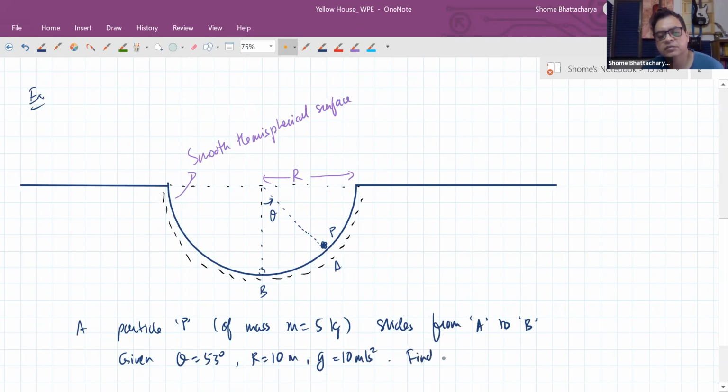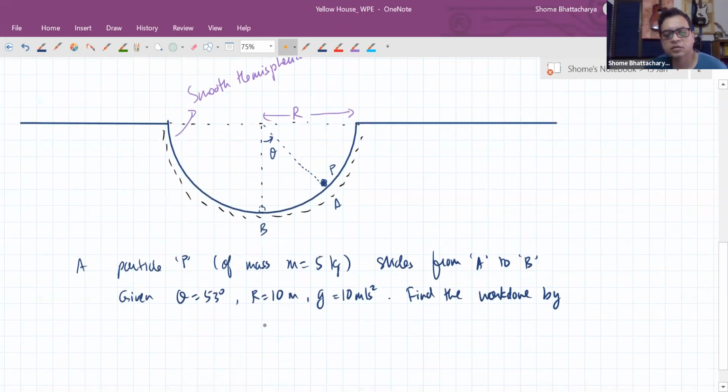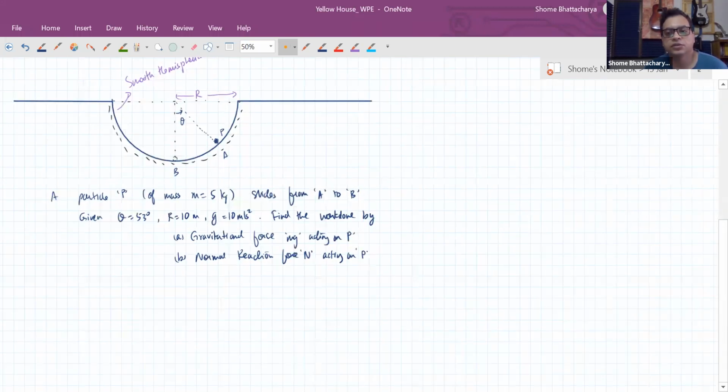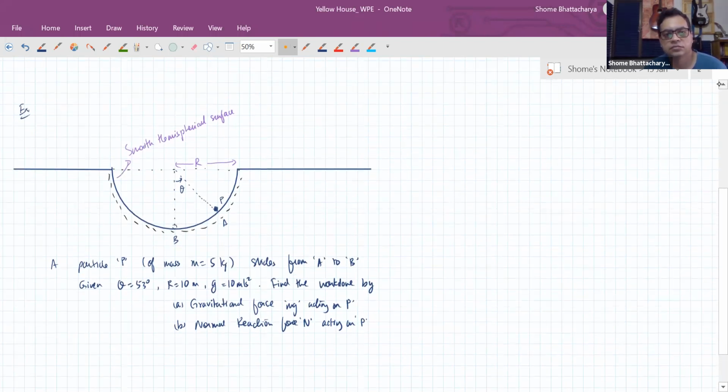We want to find the work done by gravitational force on it, and the normal reaction force. So just try out this question.